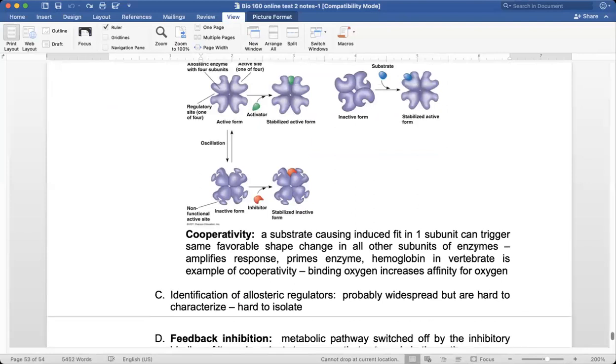So if you cause an induced fit in one subunit, it will do the same thing in all the other ones. Hemoglobin does this in the vertebrates. So what will happen is once it binds to an oxygen in there, it's going to change the shape a little bit and it's going to make it more favorable. So it's going to want to bind oxygen even more. And that will help you get more of the oxygen onto the enzyme rather than having it just floating around in the bloodstream.